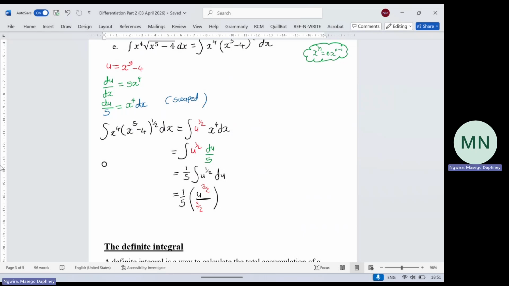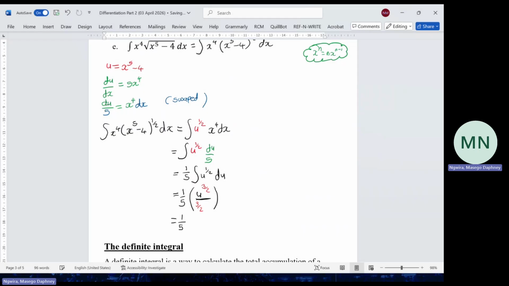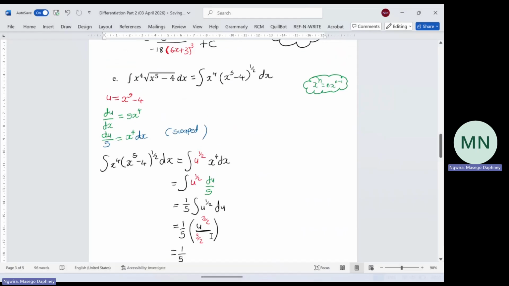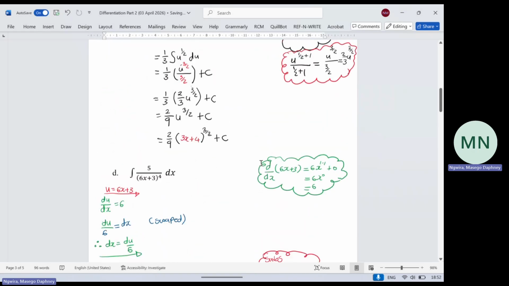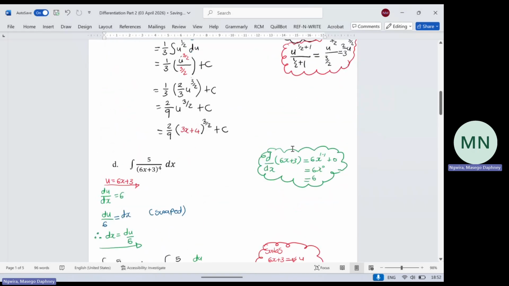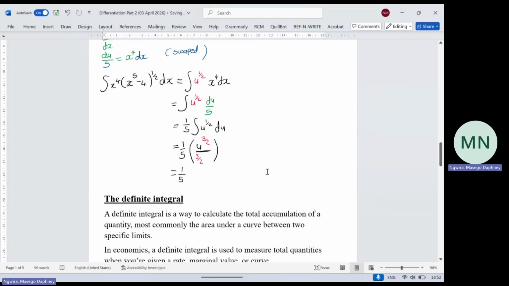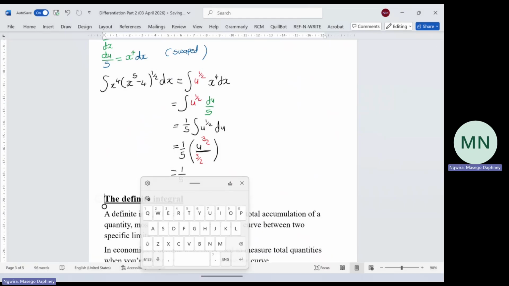And then this is going to be 2 over 3. I think I did it in the previous lesson. If you don't know how I got it, please go back and check again to understand how it changes to 2 over 3.